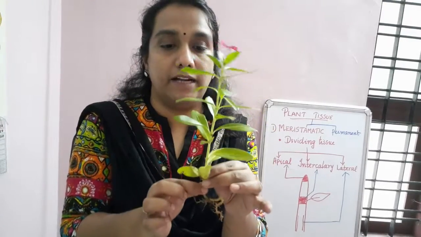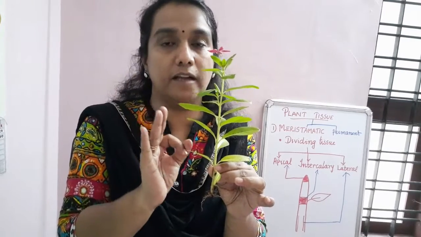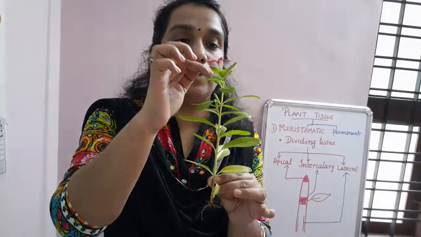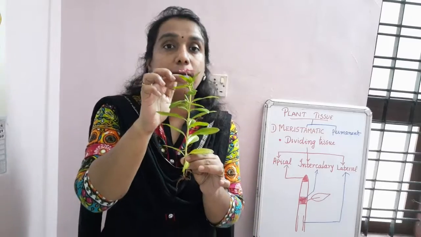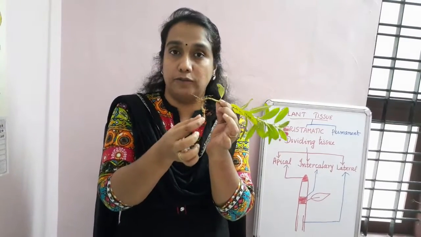So once again I will tell you, in a plant, three types of tissues are there, depending upon the position. First one is which we can see in the apex, that is known as the apical meristem, and also we can see it in the apex of the root.